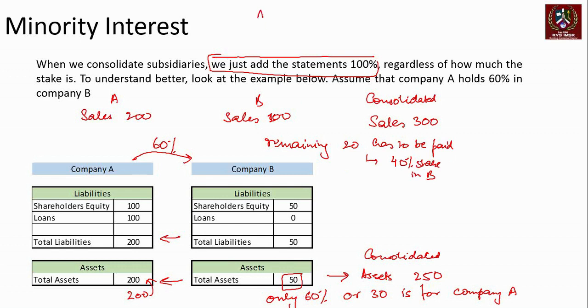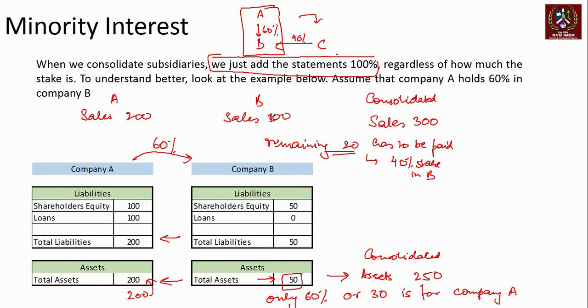If A holds 60% in B and C holds 40% in B, subsidiary-wise consolidation will happen of A and B. But this remaining 20 crore out of the total asset size of 50, which is 40% of 50, has to be paid to C if and when this company gets sold, right?